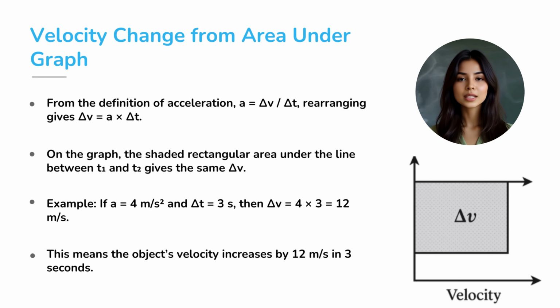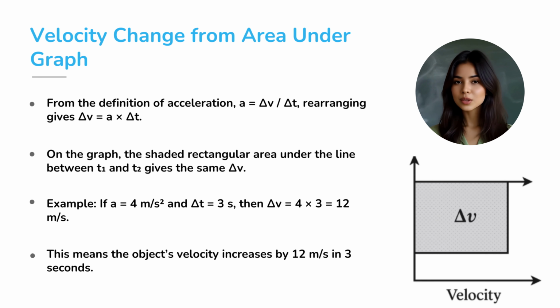Now let's make the connection stronger. From the definition a equals delta v by delta t, if we rearrange, we get delta v equals a multiplied by delta t. On the graph, this is nothing but the rectangular area under the line. Let's say the acceleration is 4 meters per second squared and the time interval is 3 seconds.